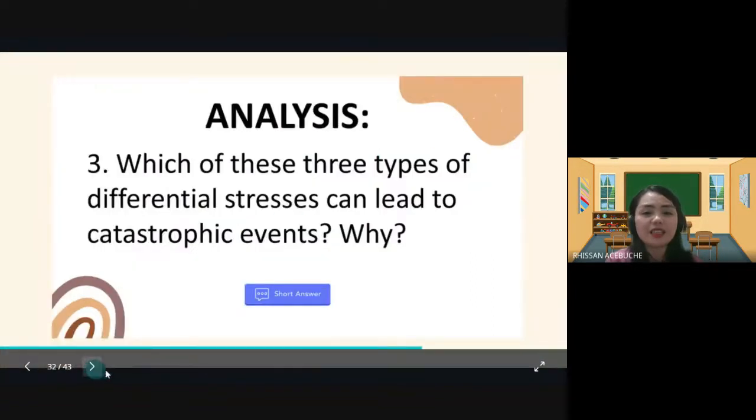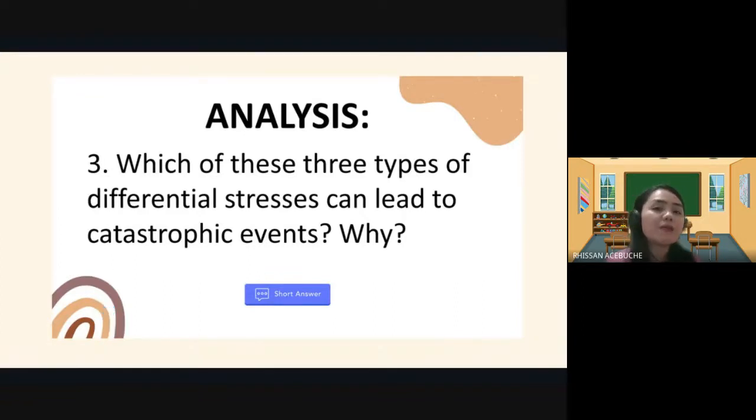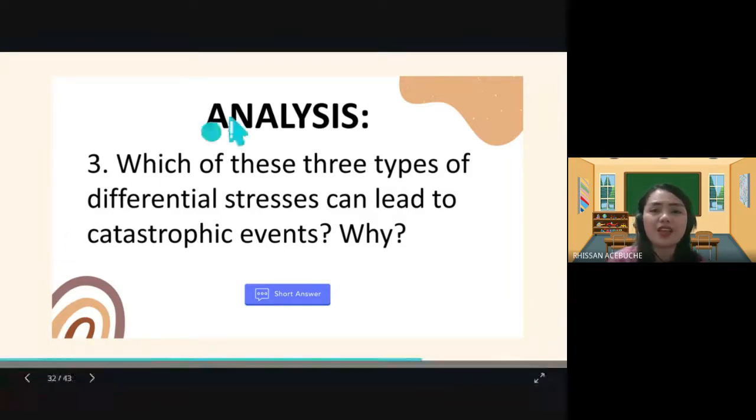Now let's relate this to events, right? Earlier you mentioned cautions or warnings about the differential stress. So which of these differential stresses can lead to catastrophic events and why?